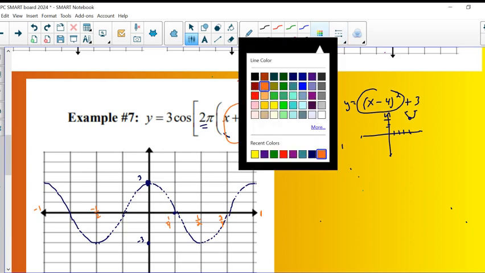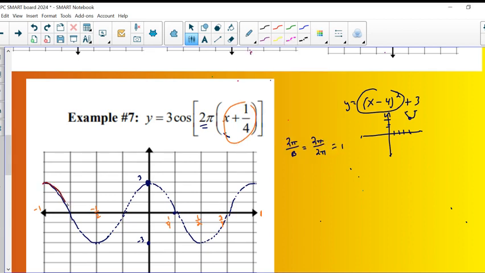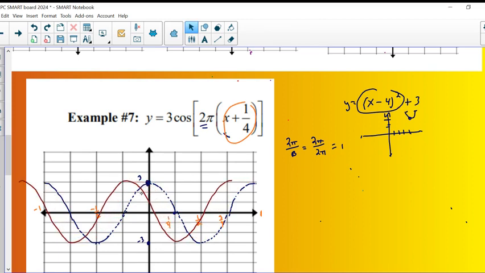So it's done nicely, right? The graph is going to be shifted to the left by a quarter. So I'm just going to trace this through the magic of the Smartboard for this first one, and then shift that to the left by a quarter.